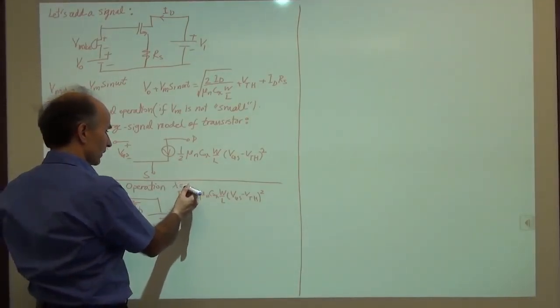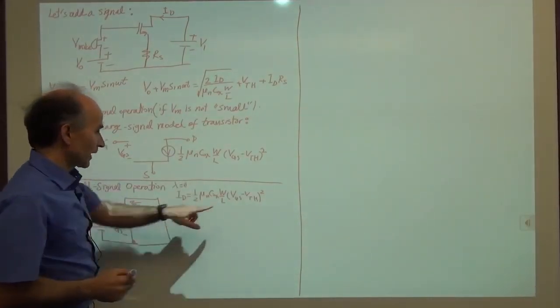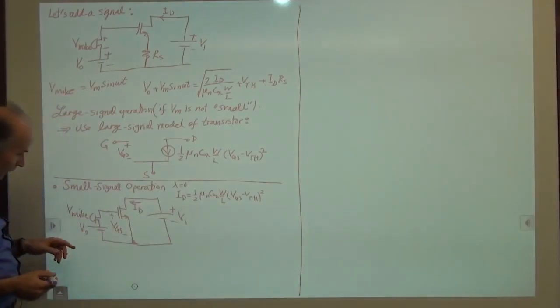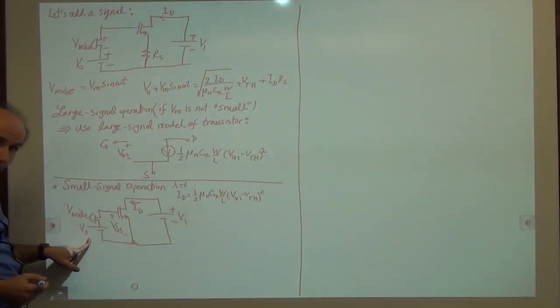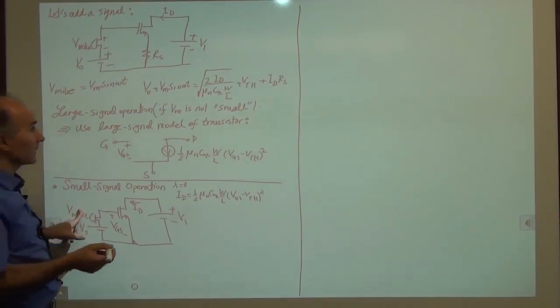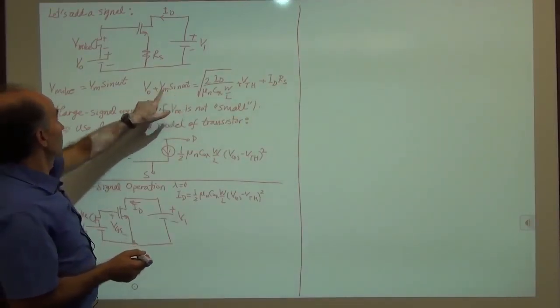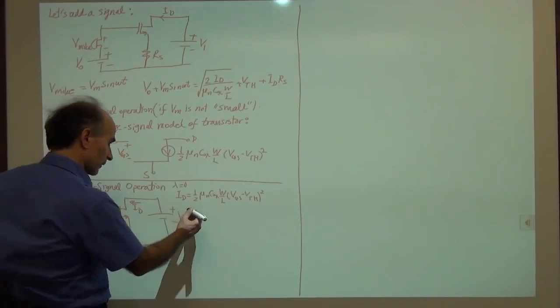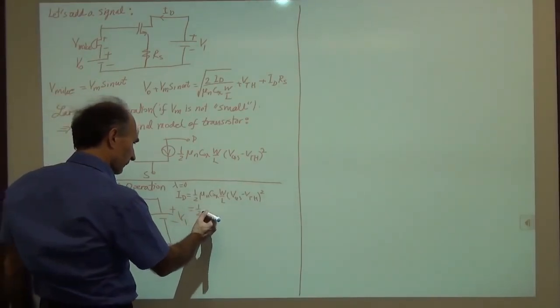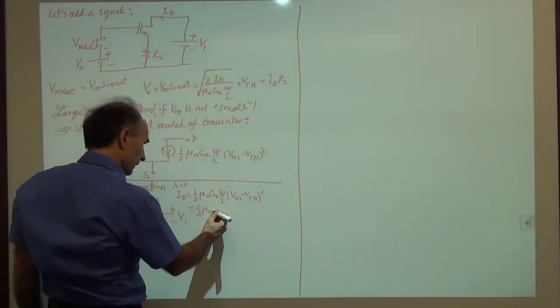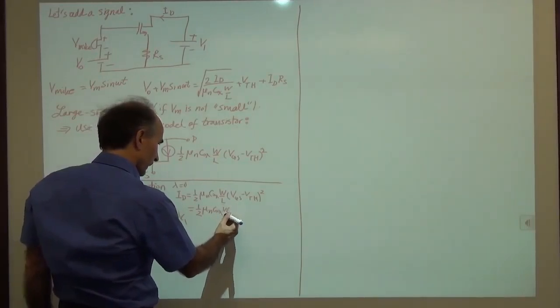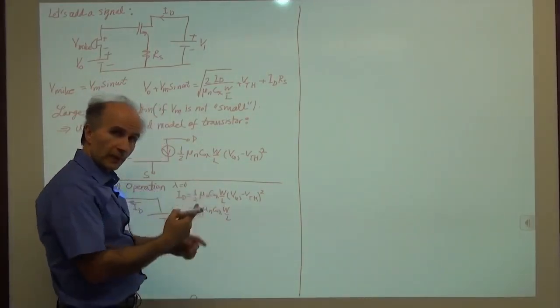By the way, lambda is 0 as usual. And VGS has a known value. VGS is the microphone signal plus V0. And the microphone signal, again, we assume to be Vm sine of omega t, right? So that's equal to 1/2 of mu n C aux W over L. I will group these a little.